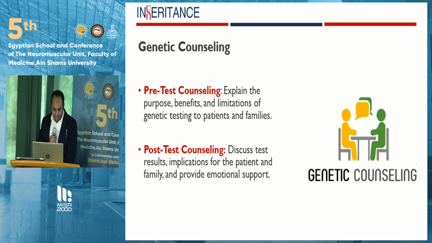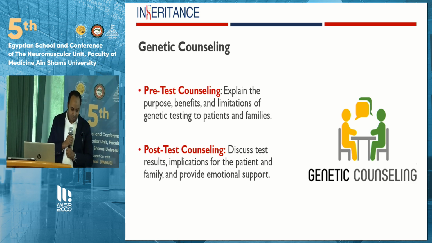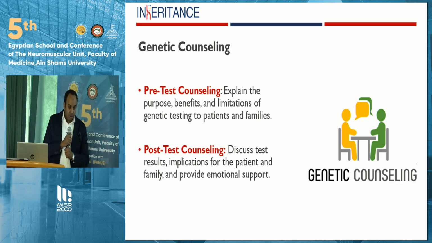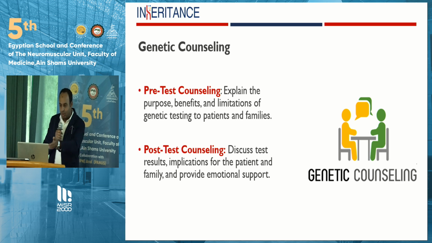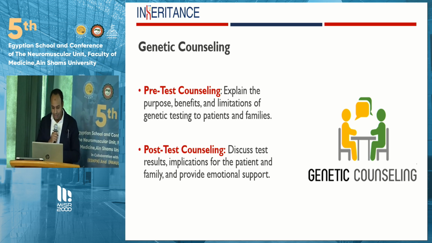So the second thing that makes a difference is the counseling. A lot of patients are happy when you discuss with them what this test is about, what they're going to get, what they're not going to get.